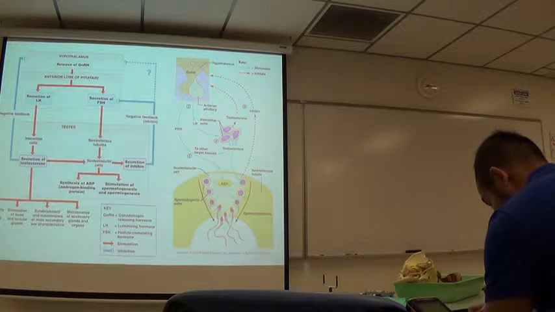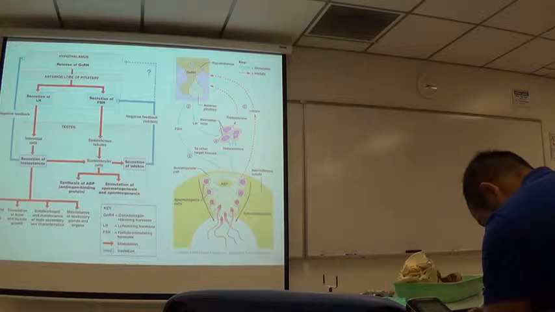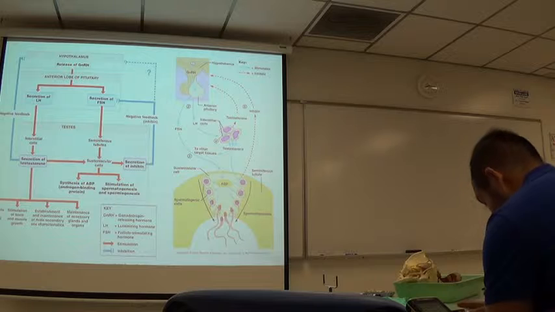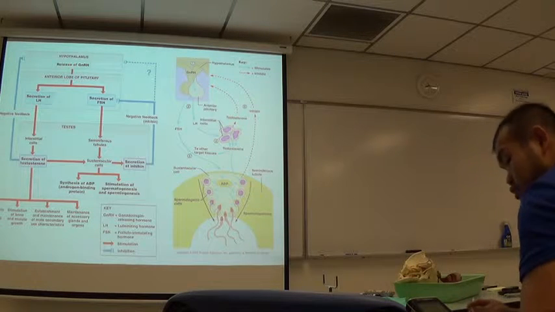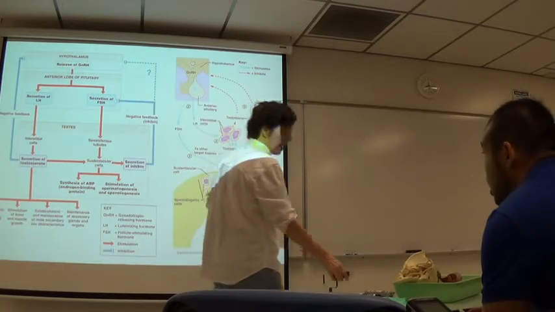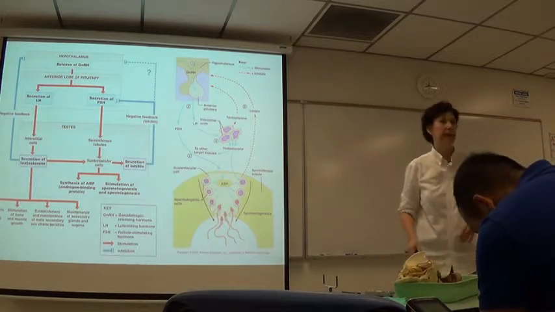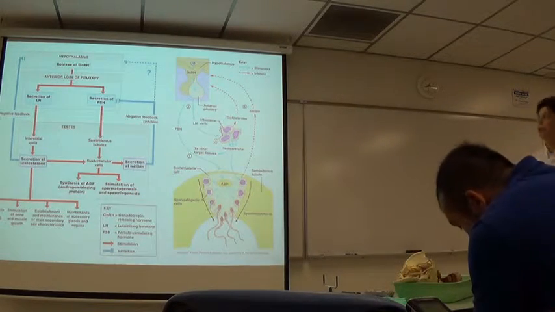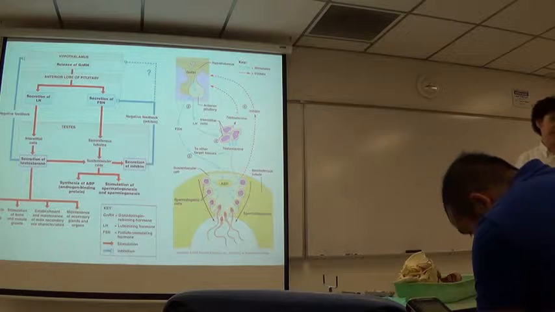In some organs we'll use cyclic AMP, but in the anterior pituitary, its pathway is the IP3 pathway, all right? So then it causes the anterior pituitary cells, gonadotropes, to make LH and FSH.